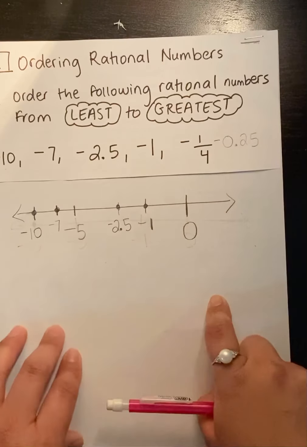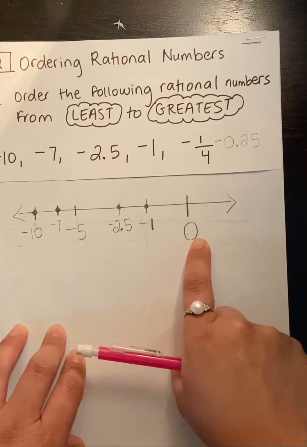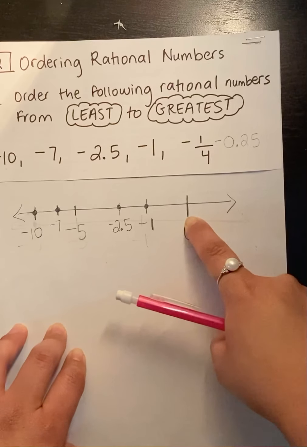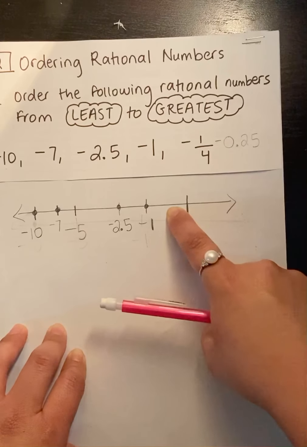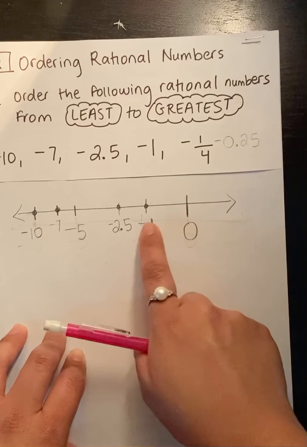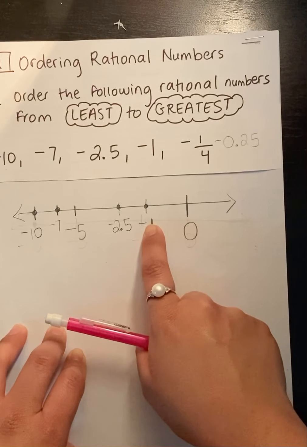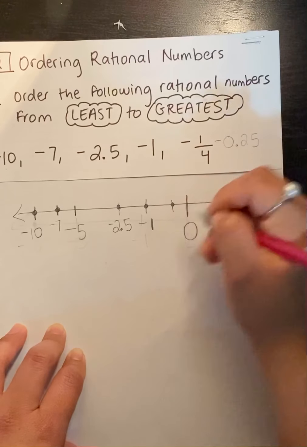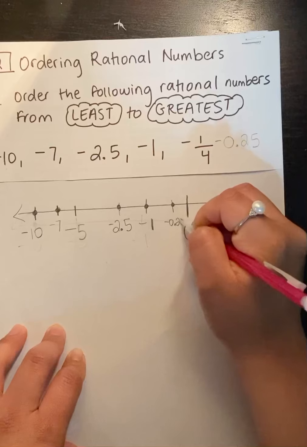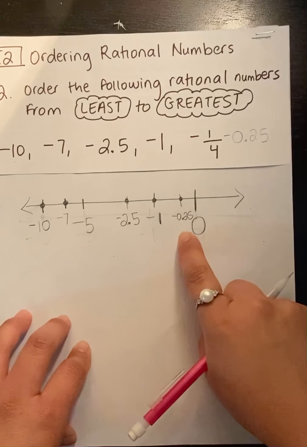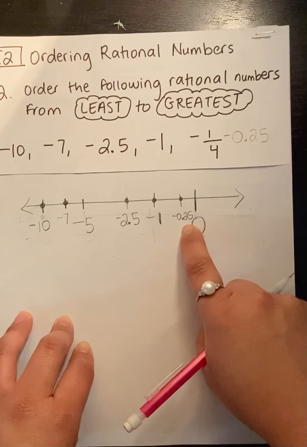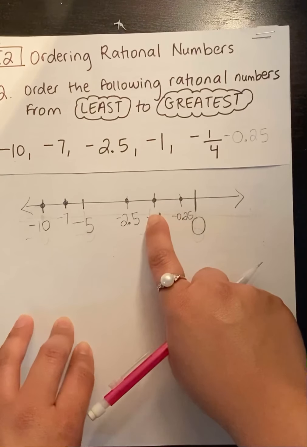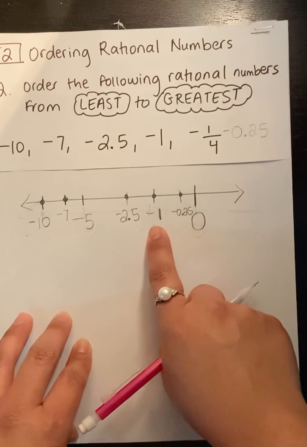So when I'm looking at my number line, I know that I start at 0, and -0.25 will be right before I reach -1. So I am going to plot my point right here, -0.25. I know it's going to be -0.25, -0.50, -0.75, and then I'll hit -1.